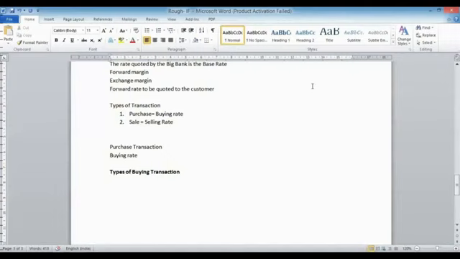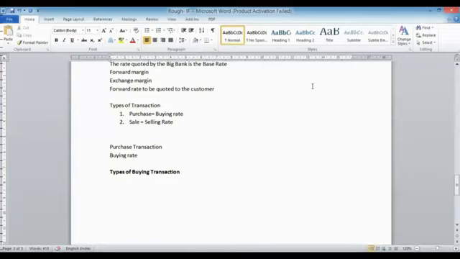But this exporter wants to sell it because he has an acute requirement of cash. He will approach the bank for selling the LC, letter of credit.